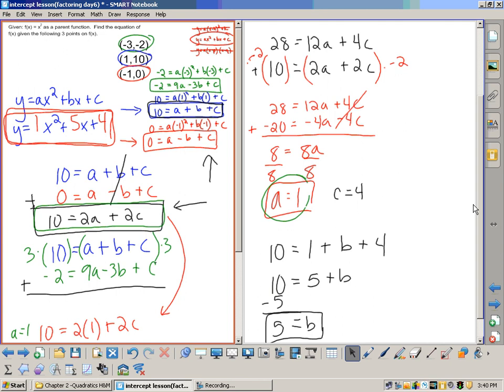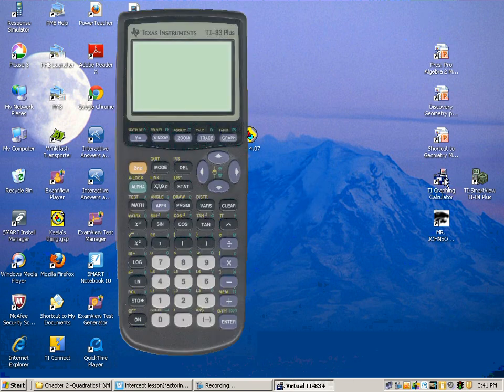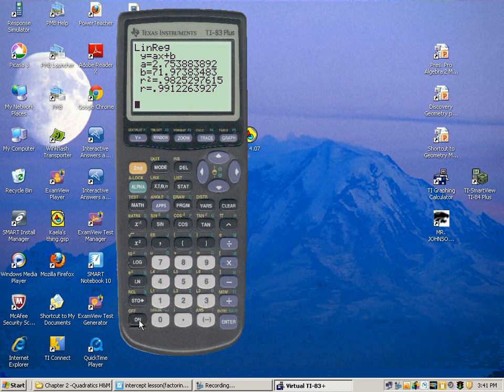If you guys want to get your calculators out, get your graphing calculators out, and I'm going to show you the steps on how to check this using your calculators, okay?